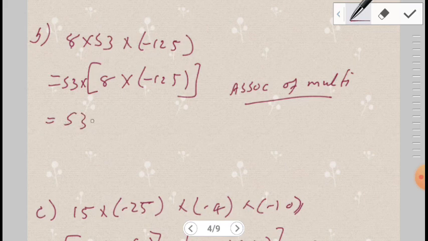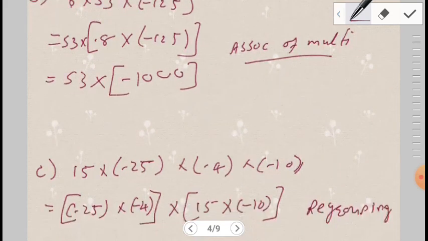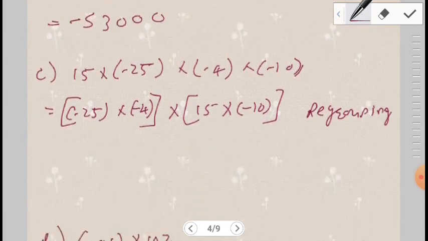So 8 multiplied by 125 becomes 1000, but plus minus minus, it becomes minus 1000, and minus 1000 multiplied with 53 becomes 53,000, plus minus minus, so it will be in minus.